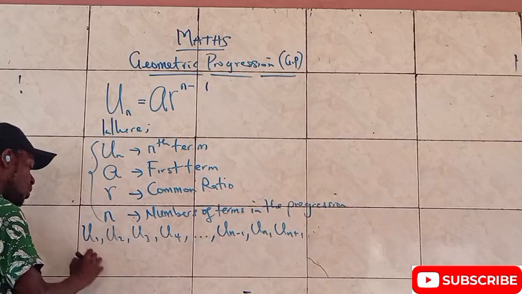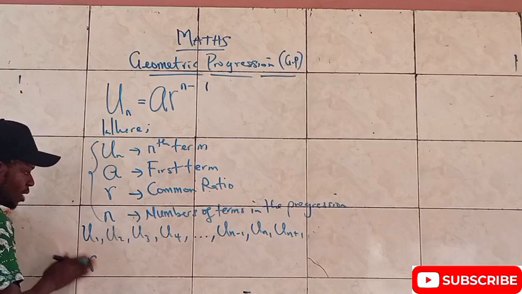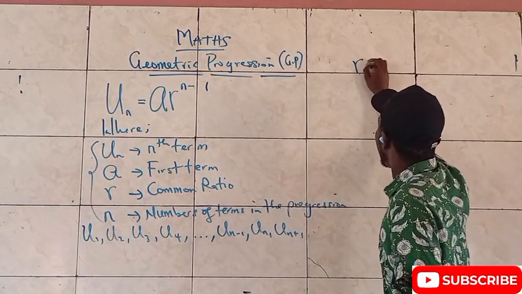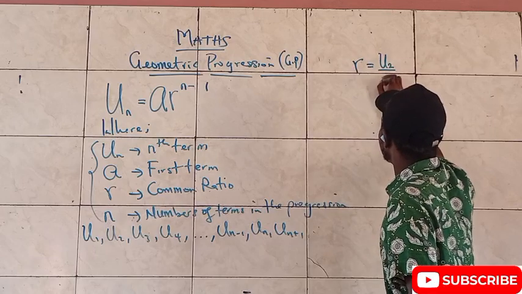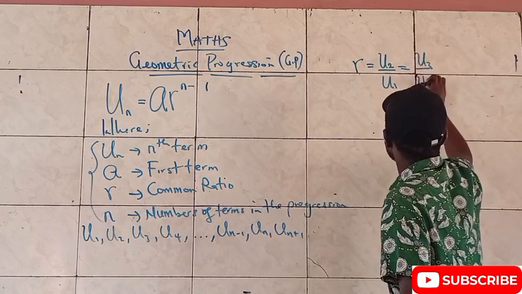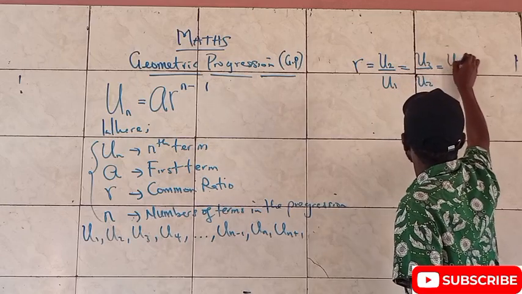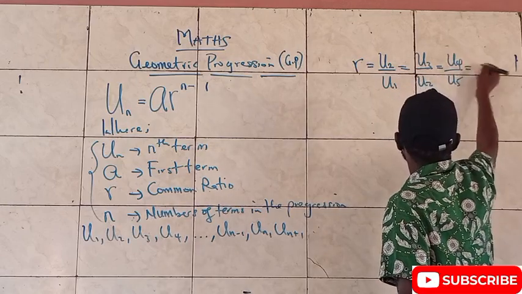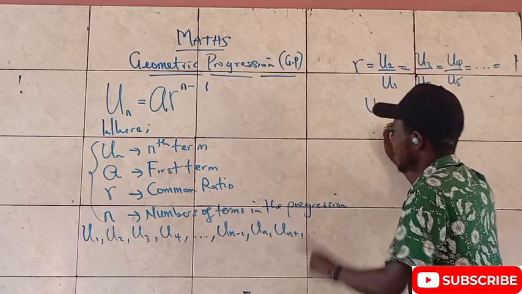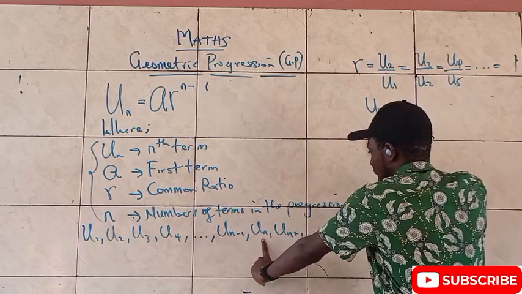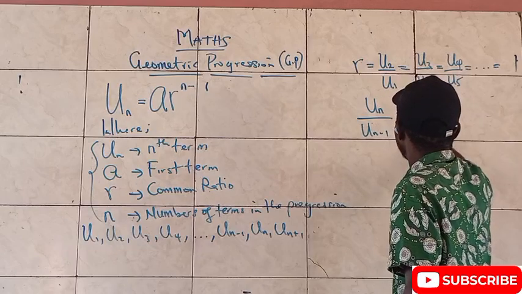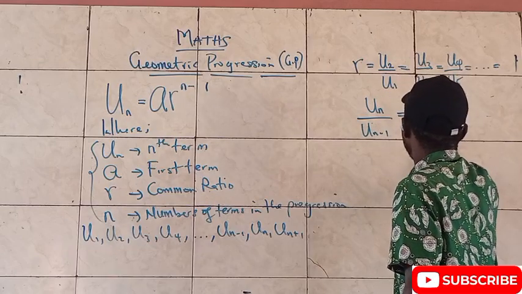Then our common ratio is simply defined as r equals u2 over u1 equals u3 over u2 equals u4 over u3, all the way down to un over un minus 1 equals un plus 1 over un.